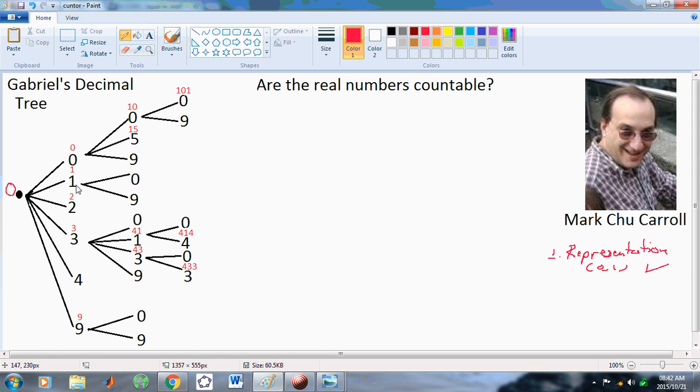Once I get to 9 here, this is the first up-down level. In the next up-down level, I'm going to assign this number here, 0, 0, 10. And if I had a 1 there, it would be 11, 12. When I get to 5, it's 15. And I think you get the idea, right? And so when I get down to the end here, I would have had 100 as a sequence. So the next one is obviously going to be 101.